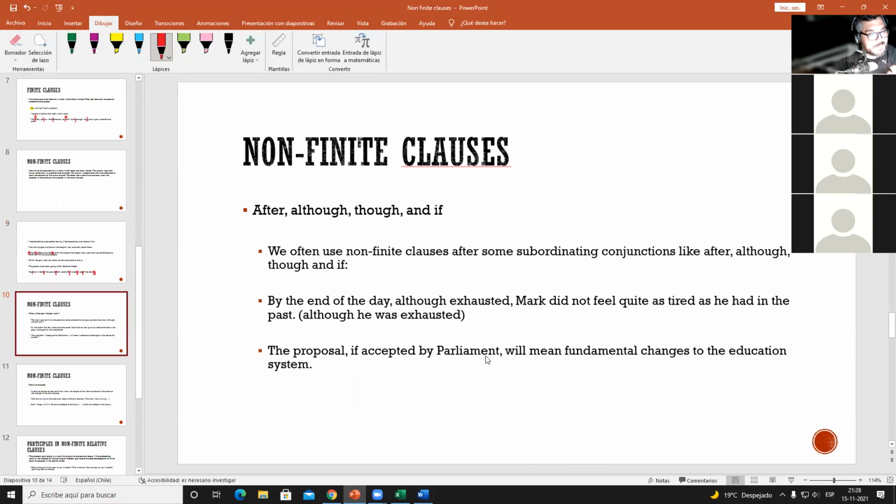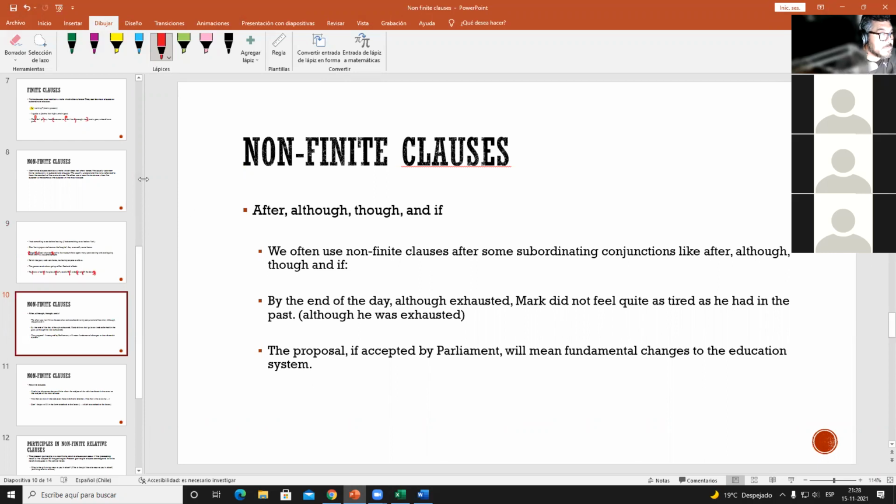Non-finite clauses, words after although, though, and if. We often use non-finite clauses after some subordinating conjunctions. We know them, like after, although, though, and if. For example, by the end of the day, although exhausted, Mark did not feel quite as tired as he had in the past, right?